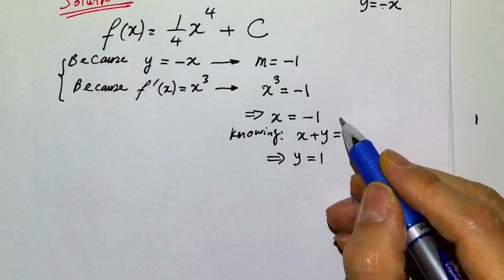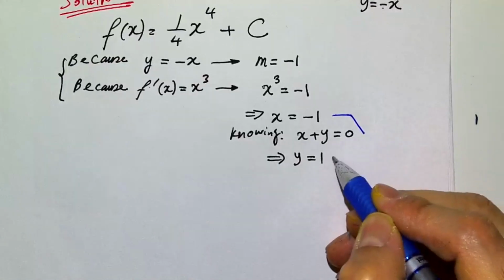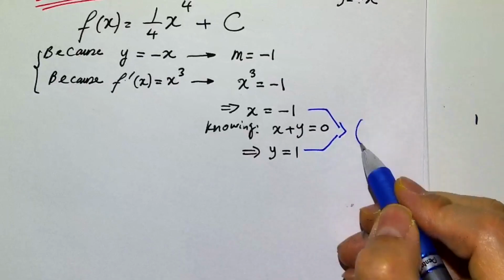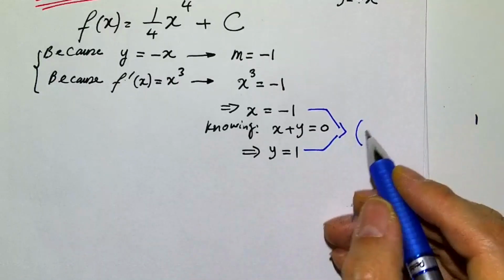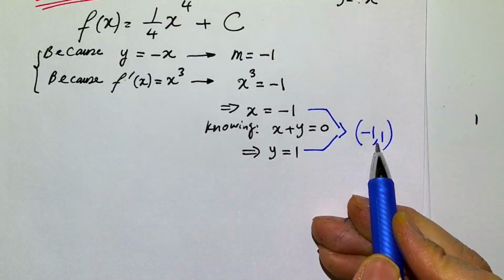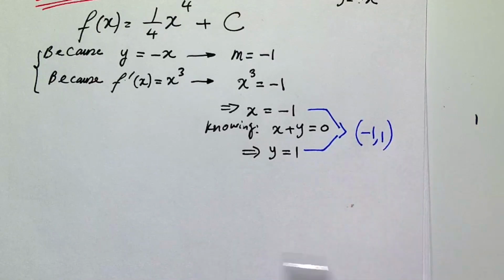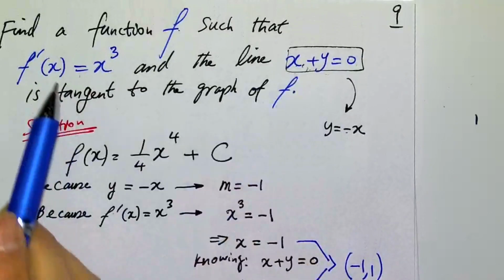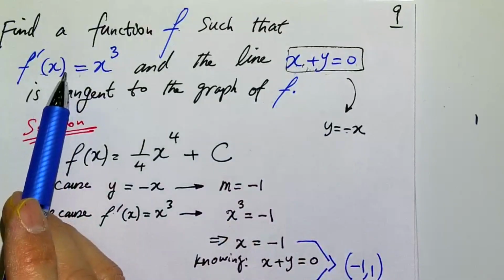So use that and this to write the point at which -1 comma 1, this is the point that is shared by the tangent line and this equation, and it's on the curve.